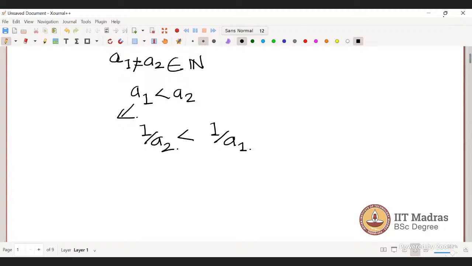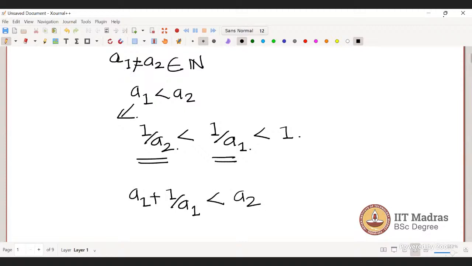But 1 by A2 and 1 by A1, they are certainly less than 1, right? Yes, sir. So then if I add A2 over here and A1 over here, then A1 plus 1 by A1 is less than A2 plus 1 by A2. Is it fine?